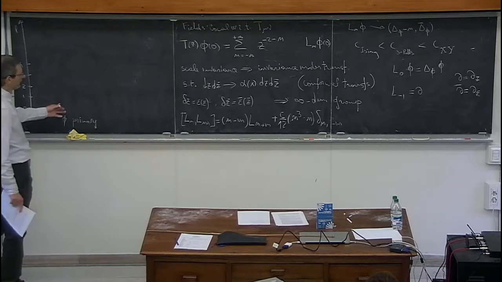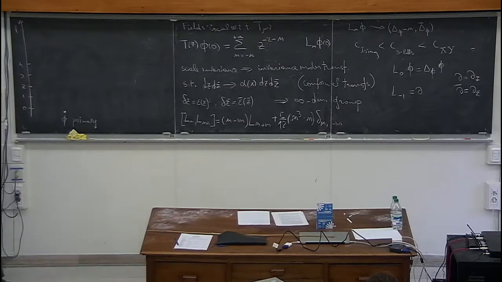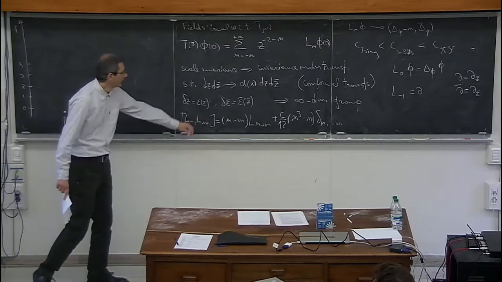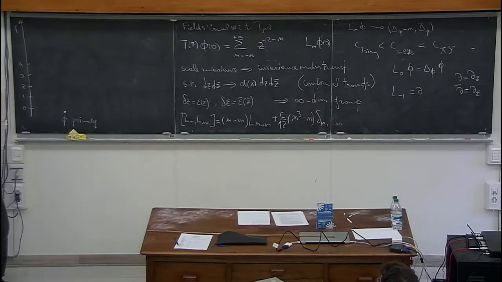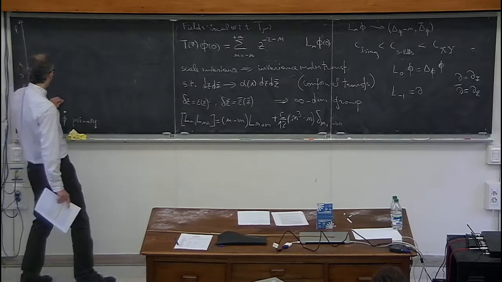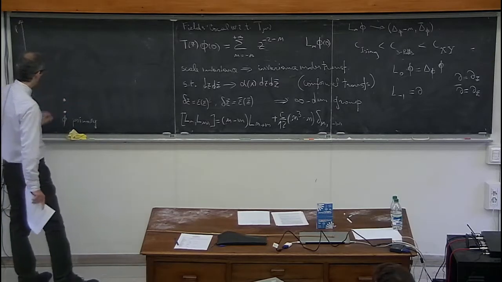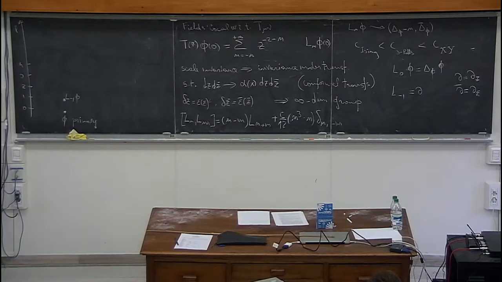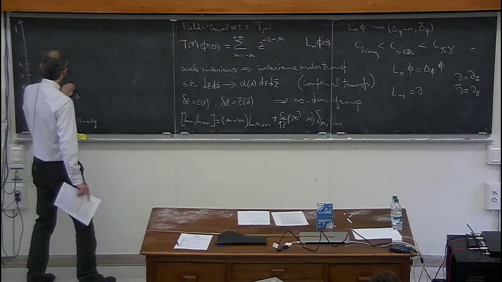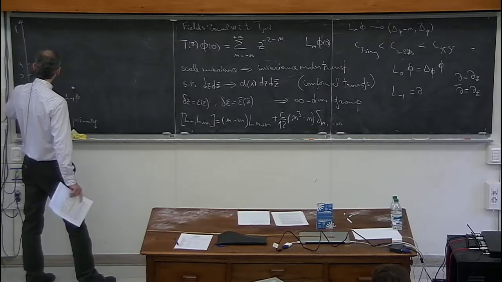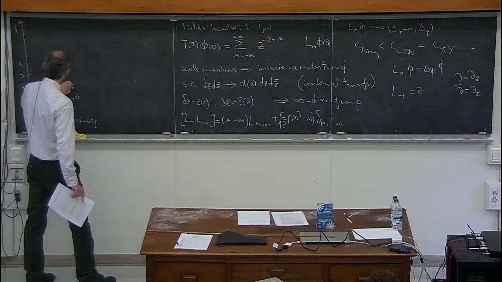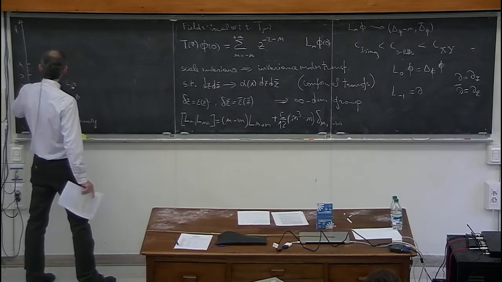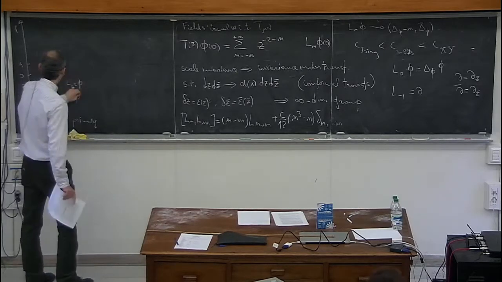And then you start moving up in the space using the Ln with n negative. So you move by one step using L minus 1 phi, which is the derivative of phi. By two steps, now you can do L minus 1 square, L minus 2, and so on and so forth.